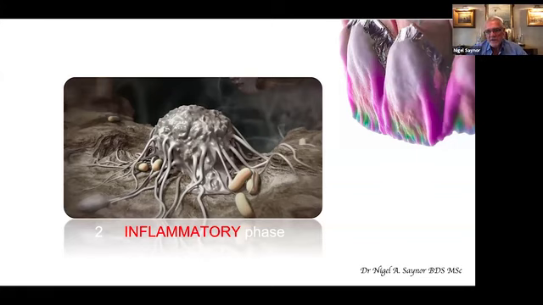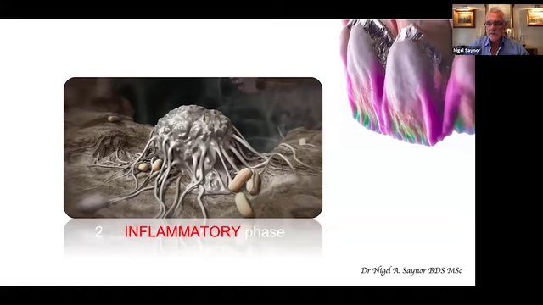Some people are advocates of placing an implant into an infected site. I am not a big fan of doing that. My philosophy is that you remove a tooth that's infected and you tend to leave it for 3 to 4 months.